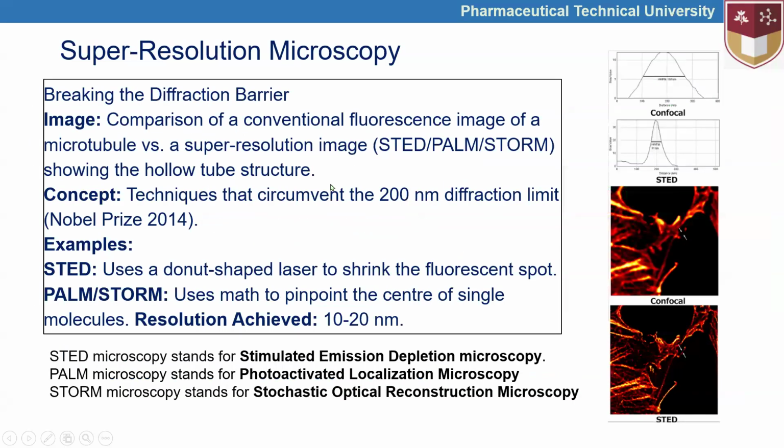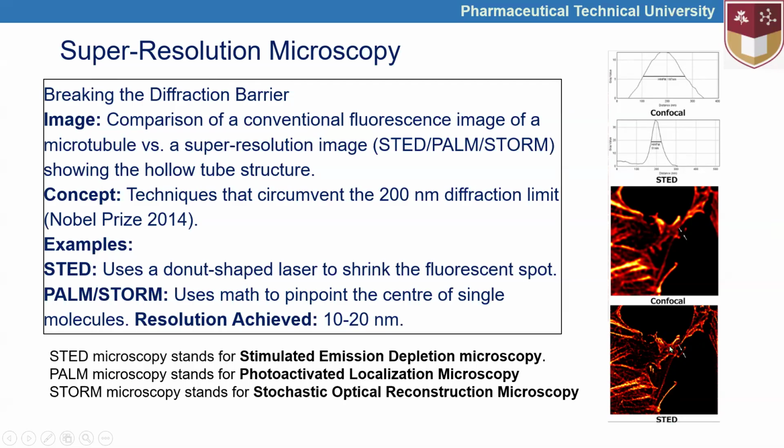Next. Some confocal microscopy images may not be clear enough, so we can use even better resolution, which is called super resolution microscopy. Here we can see one of the methods of super resolution microscopy, STED.